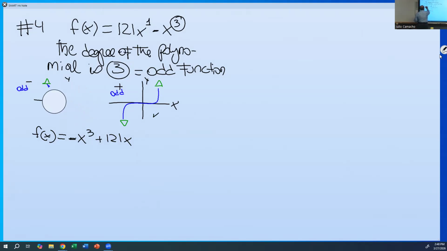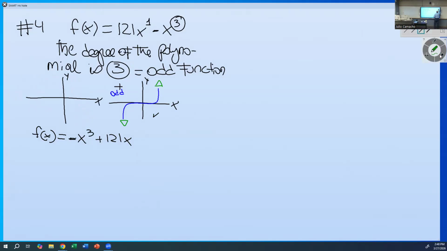So we erase the positive. Oh, sorry, I did the wrong erasing. I need to erase the positive. I erase the negative. That is the y, that is the x. Let me do it again. Sorry for that. The behavior of an odd function, they rise in the left and fall in the right.